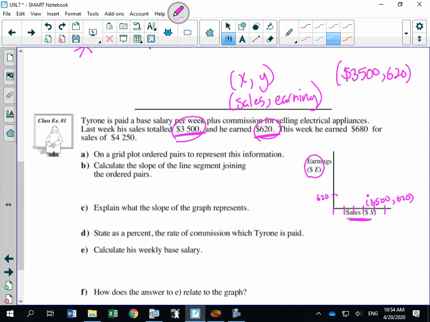That would be the first ordered pair. The second ordered pair is for this week. He earned $680. So remember, earnings goes in the y-axis. So he earned $680 and he sold $4,250 in electrical appliances. So $4,250.